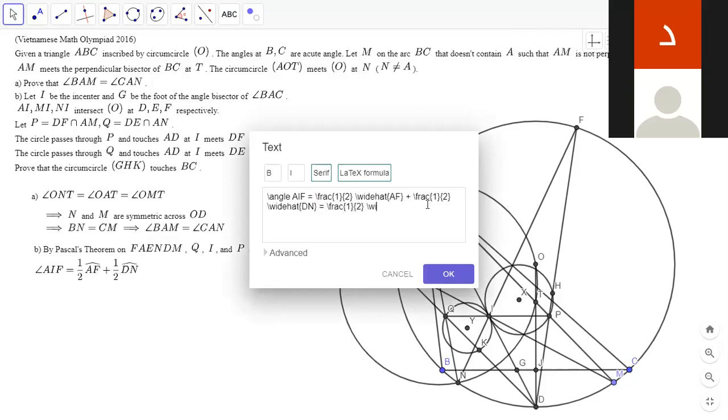Sorry, copy paste doesn't work that great in GeoGebra, so I'm just rewriting it. And that is angle APF. So AIPF is cyclic.